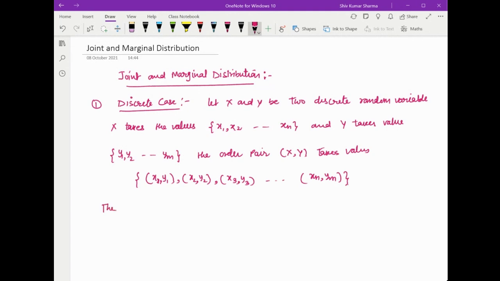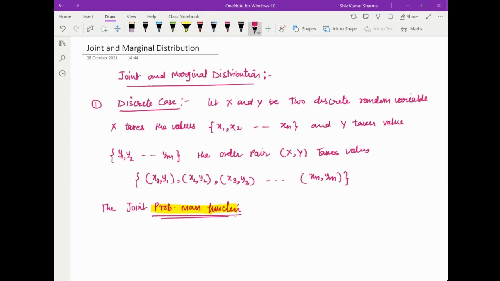So the joint probability mass function, that means in the discrete case we use the joint probability mass function. For the continuous case we use the joint probability density function.